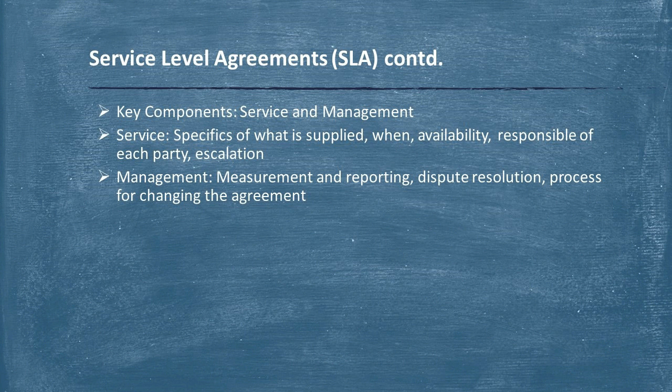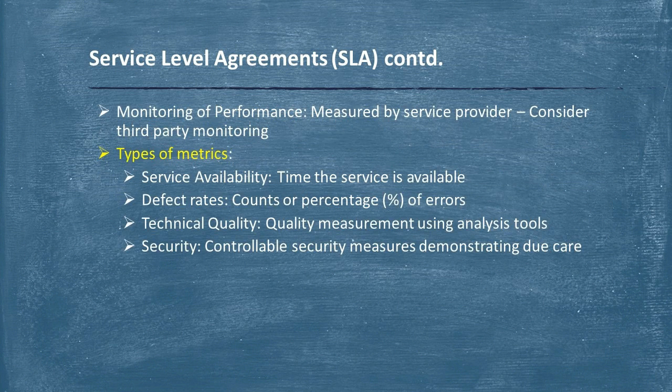Whereas management activity is measurement and reporting of the performance, dispute resolution, and the process for changing the agreement. There might be a need to change the agreement. What is the process to be followed? Monitoring of the performance is measured by the service provider. It is better to consider third party monitoring, so that it will be independent.